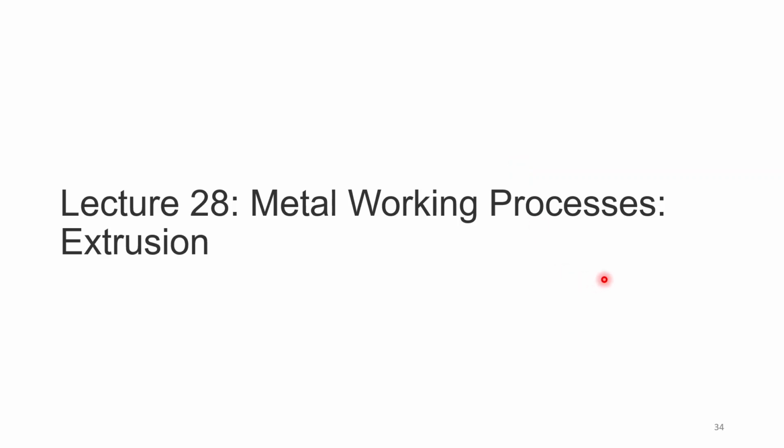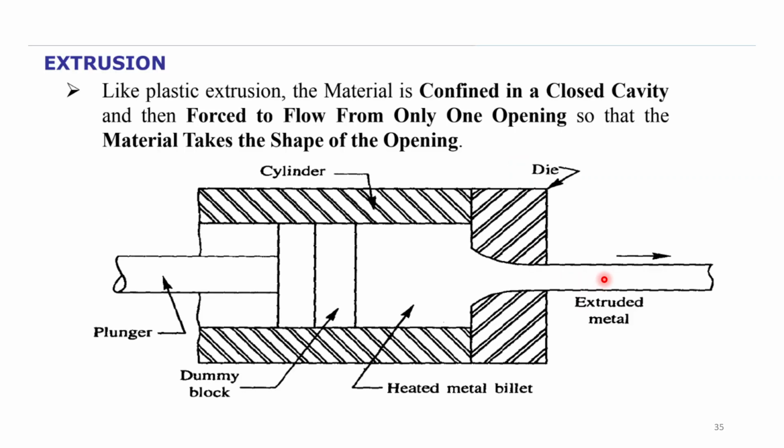Next is extrusion. In case of extrusion, you have plastic extrusion where the material is confined in a closed cavity. This billet can be heated to a particular temperature, and there can be cold extrusion as well without heating to any temperature. There you are providing pressure from the backside.